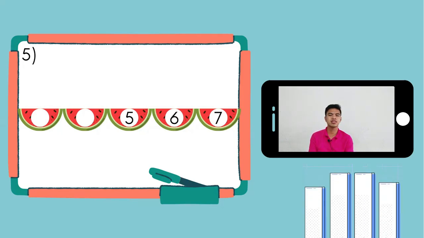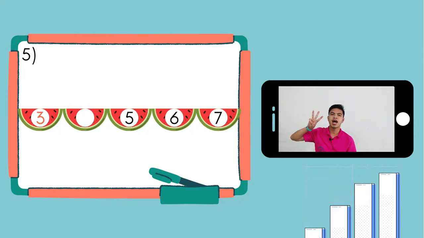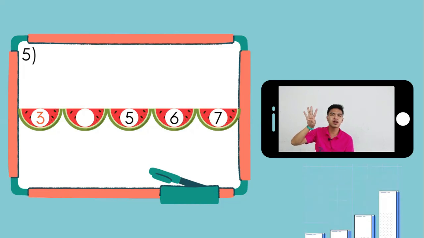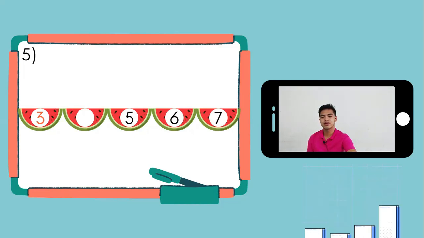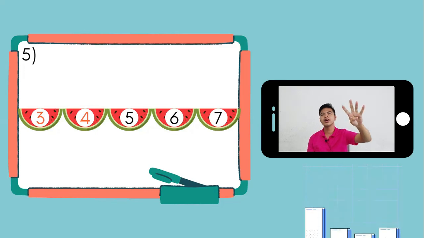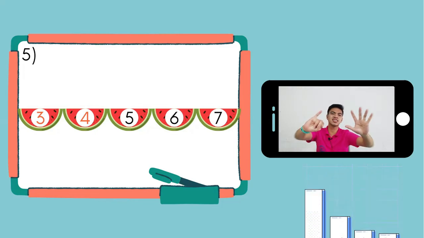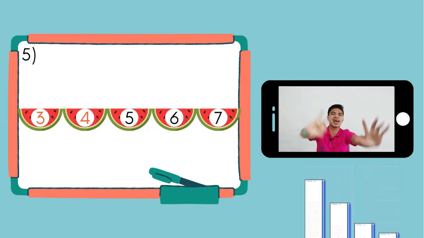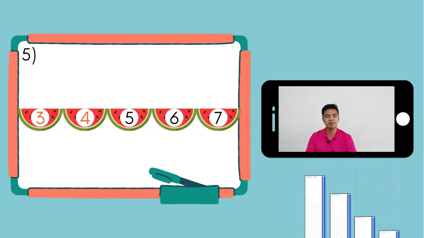So what do you think is the missing number? Good job, it's going to be 3. And then, let's add 1 on it. 3 plus 1 equals 4. So our series will be 3, 4, 5, 6, and then 7. Okay, so those are the numbers for number 5.